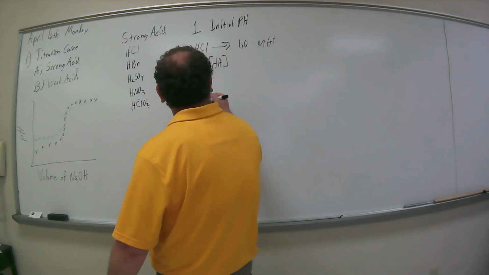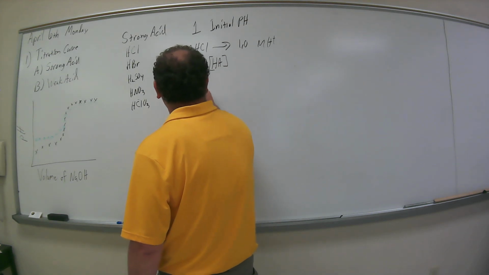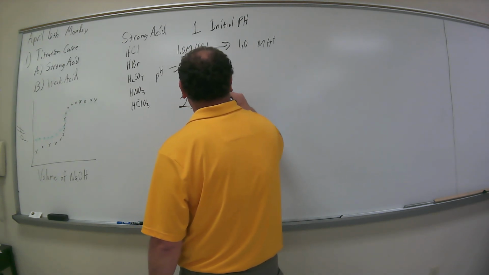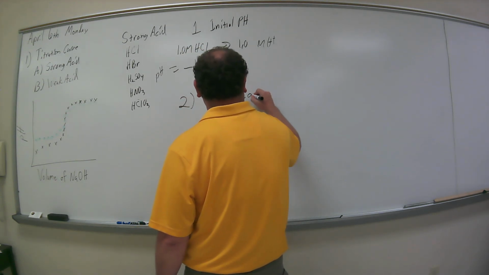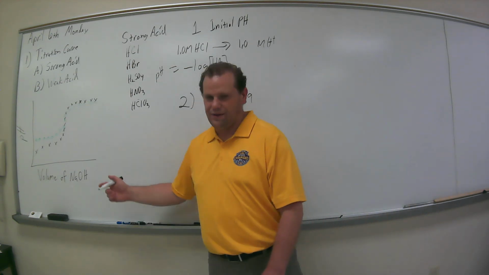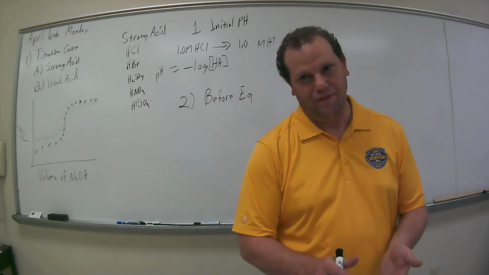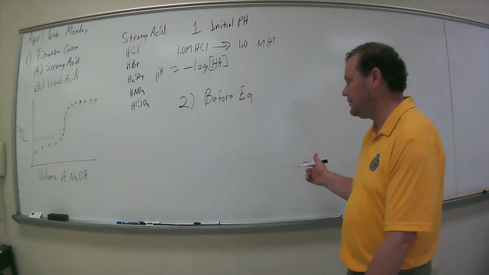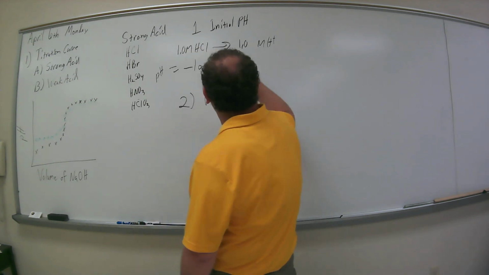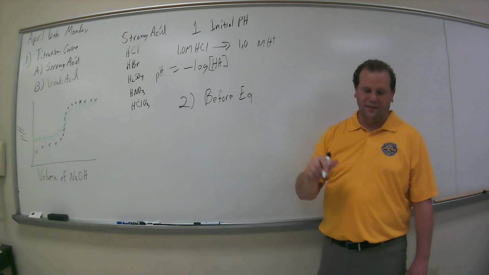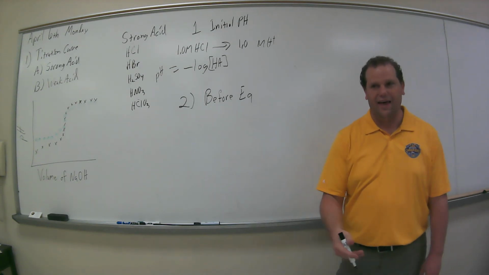So let's look at point 2. We'll call this before the equivalence point. We've added some sodium hydroxide and neutralized some of the acid. We want to find out what the pH is. For a strong acid, we still just need to find how much acid is left.